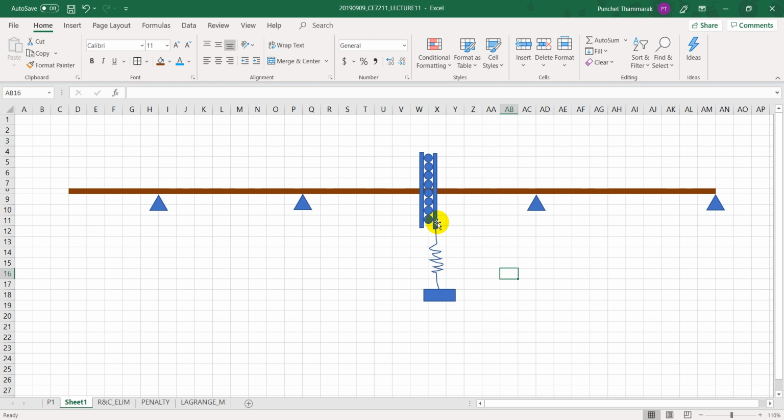I didn't put the relative translational spring between these two, so it doesn't really transfer shear. If this spring had one end on this side and the other end on the other side, then you would need to construct the spring element like before. But this time the spring is supporting. So it is a spring support.